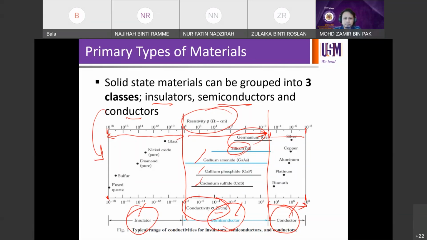Anyone? Okay, Fatul, perovskite. Yes, perovskite is another material which belongs to semiconductors. Perovskite is one. Okay, any other?